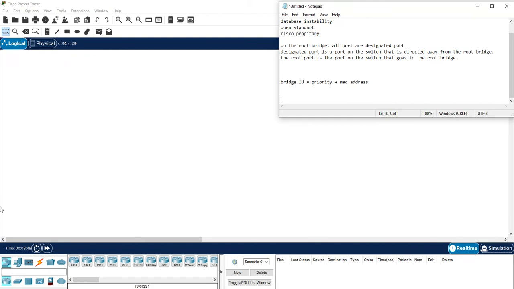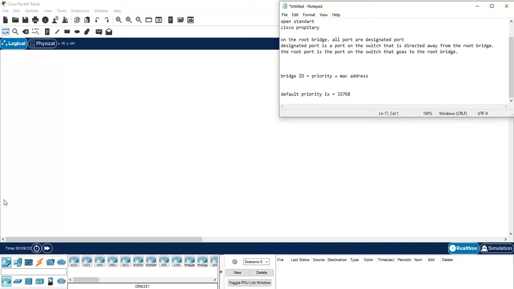Other switches become non-root bridges. The default priority is 32,768.